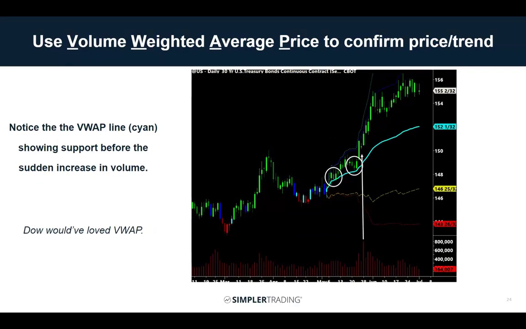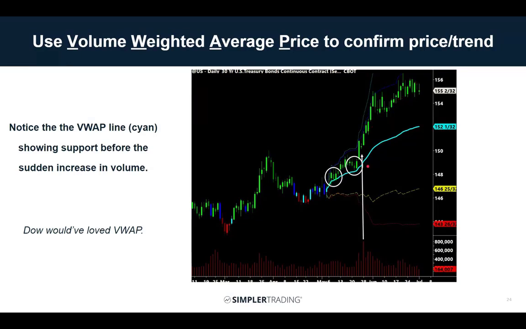So that cyan line, by the way, the thicker cyan line, that's your VWAP. Notice that the VWAP kicked in, showing support. It's an anchored VWAP, by the way. Support before the volume spike. Now, the volume spike would have got folks' attention, and in a Charles Dow universe, that was great.